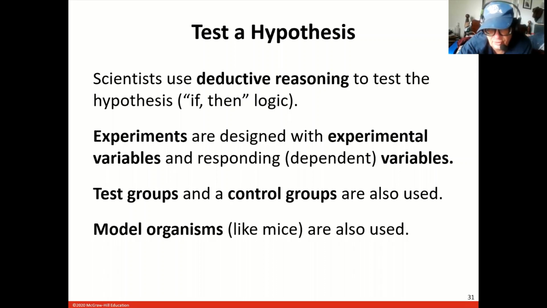Test groups are groups that are exposed to differences in the environmental variable. Control groups are not. So in the example I was using before, fish and an exposure to a chemical, we'd have one group that has no chemicals in their tank, and then we'd have other groups that had increasing amounts of those chemicals I was wanting to test in the tank.